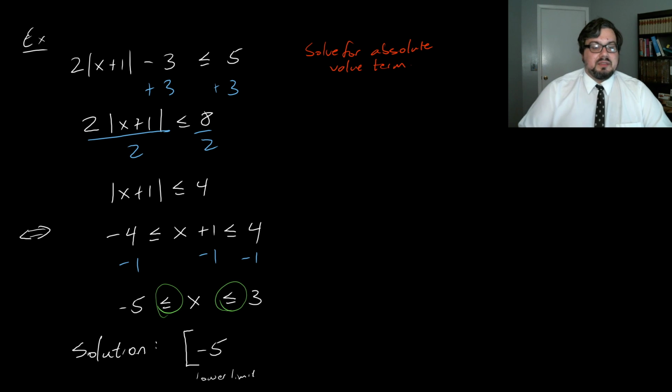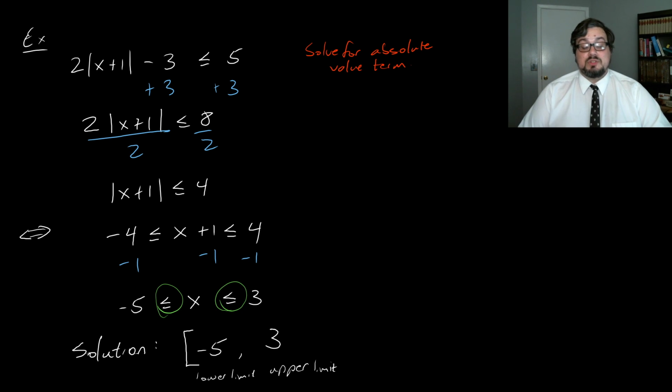Similarly, the upper limit is 3. X can be at most 3 in order to satisfy this inequality, and therefore the upper limit to this interval is 3. So there's our solution set, all the numbers between -5 and 3.